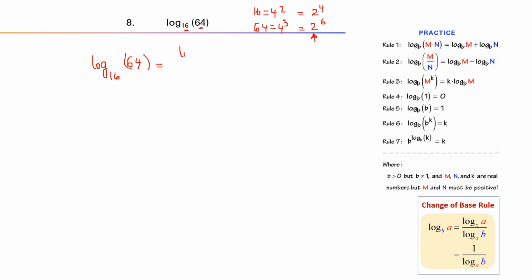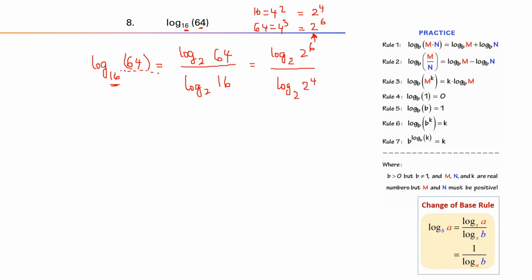So I will do log base 2. Now 64 is above, like with the dash like that, so 64 is on top, and the base is 16, right at the bottom. So now we rewrite it: log base 2 of 2 to the power of 6, and then log base 2 of 2 to the power of 4.